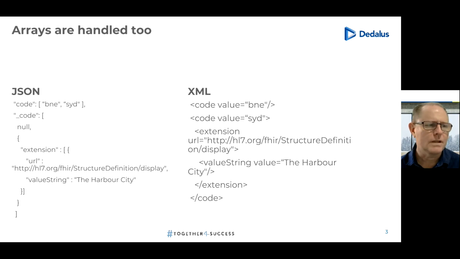And the thing you'll notice there is that the first one, so the Brisbane code, doesn't have the extension value for it. So we're just saying that the Sydney one has an extension. It relates to a nickname called the Harbour City. So if we want to have an extension for Brisbane, we could put that one in that first value where it's got currently null. On the right hand side, we've got the corresponding XML, if you're used to seeing that.